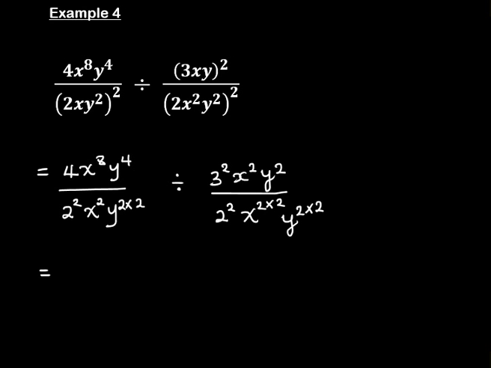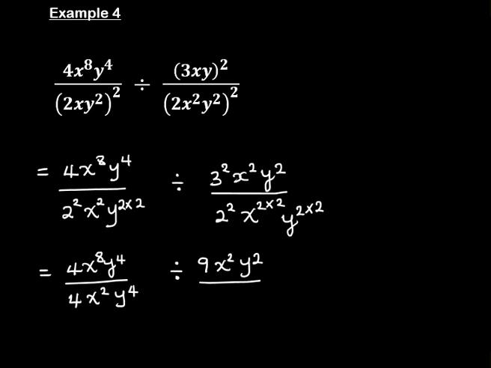So we come up with 4x to the power of 8, y to the power of 4, divided by 2 squared, that is 4, x squared, and y to the power of 4, divided by 3 squared, that is 9, x squared, y squared, out of 2 squared, that is 4, then x 2 times 2, that is 4, and y 2 times 2, that is 4.